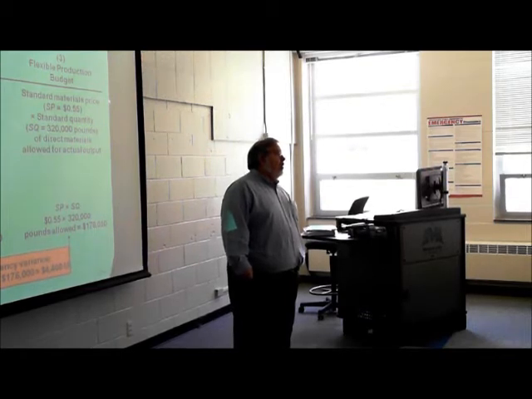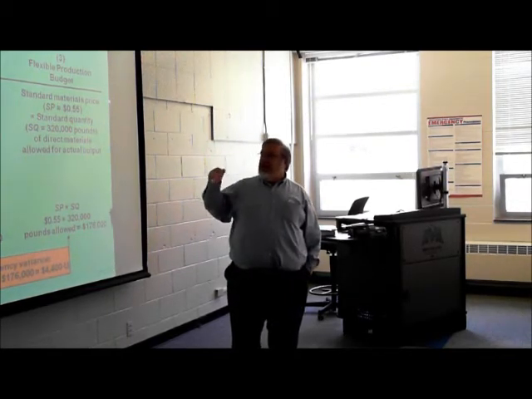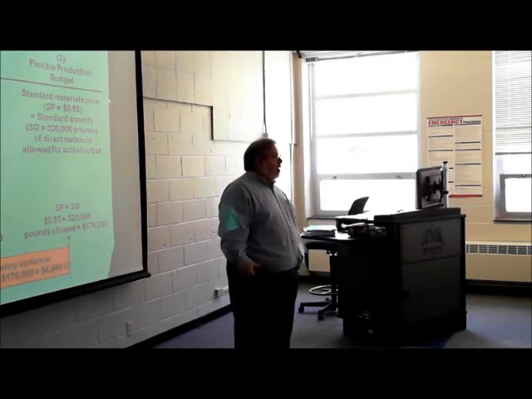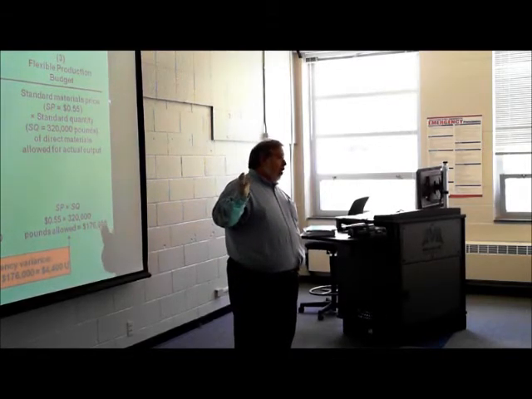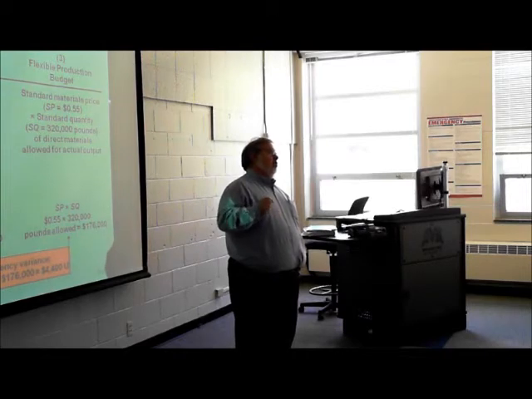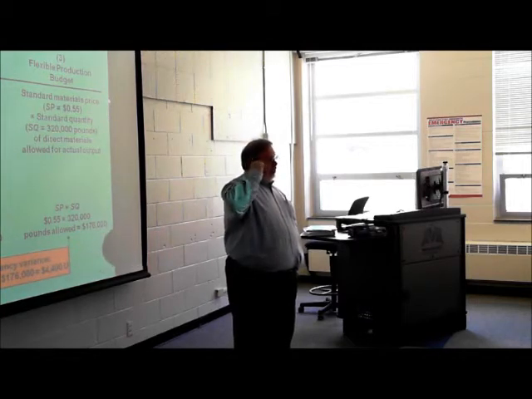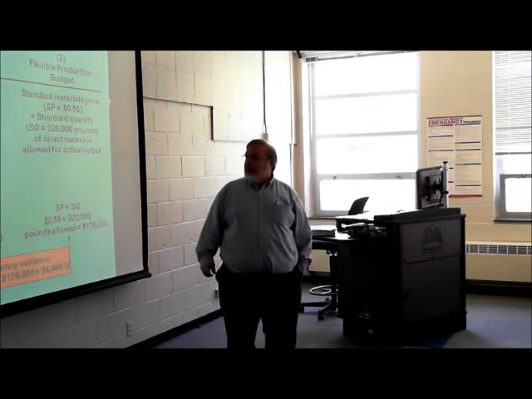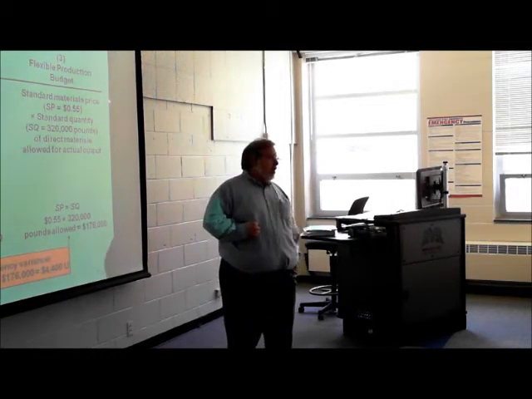The difference is the materials price variance. It's unfavorable, so it's going to be a debit. Material price variance, 17,500.